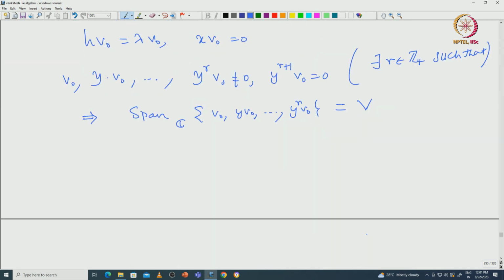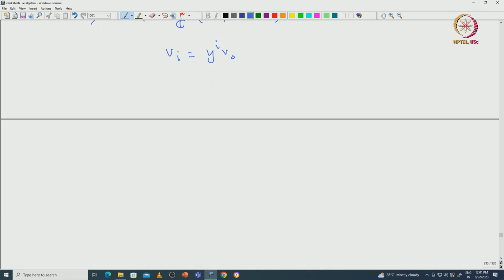With respect to this nice basis, if you call v_i equal to y^i v_0, then we had a very nice action of sl2C on this v_i, given by the following identities.